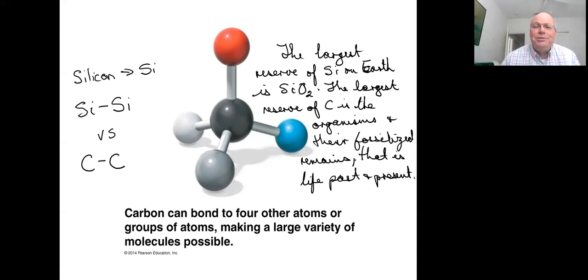And so the silicon-silicon covalent bond is not particularly stable in the presence of oxygen. Neither, for that matter, is a carbon-carbon covalent bond. And you can test this by taking a little bit of cooking oil, putting it in a glass and just leaving it out on the kitchen bench for a little while.